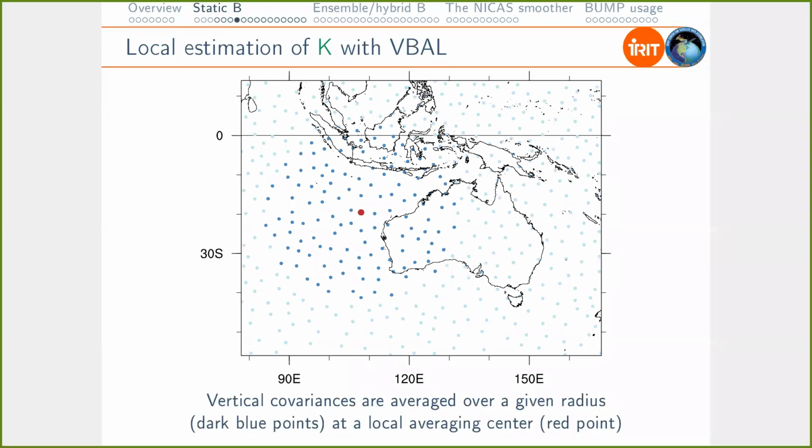And then here for the red point at the centers, which is a local averaging center, we will average the vertical covariances over a given radius. Here it's the dark blue points that will be averaged, and it will give the value for this center.